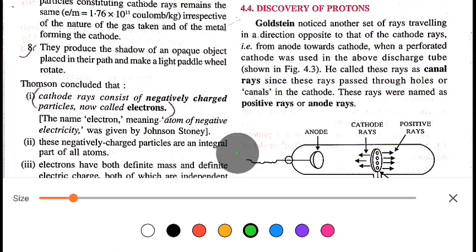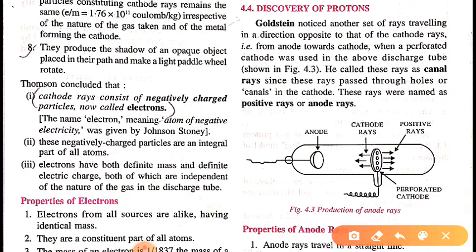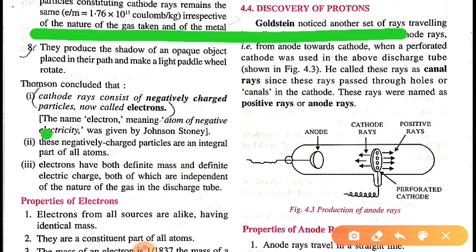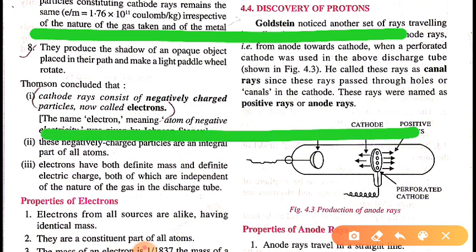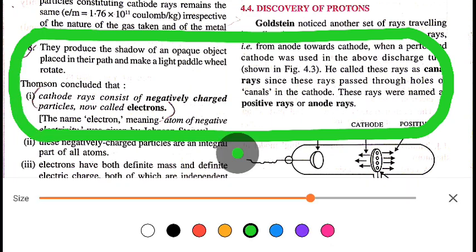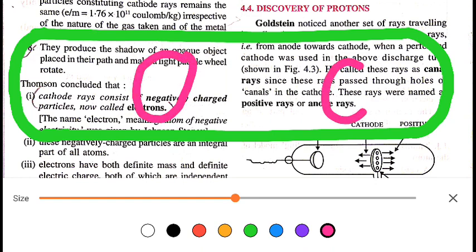The arrangement was like this. He took a discharge tube like this, and in this discharge tube he took a cathode here and an anode plate here.